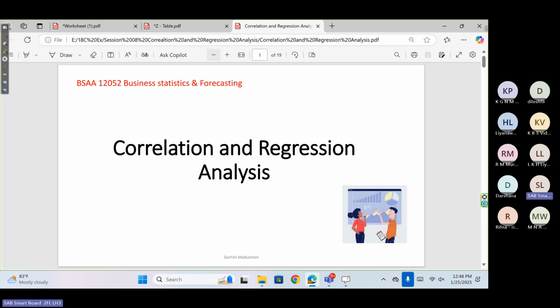Then you need to write the answer, scan it, and upload it to the LMS. Then I will give the second assignment from correlation and regression analysis after this lesson. Pass the message to them. You are the coordinator.